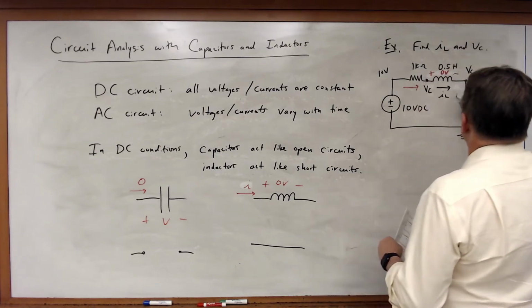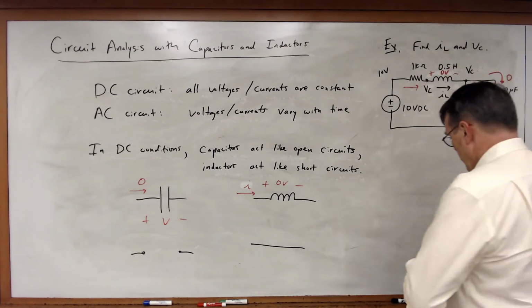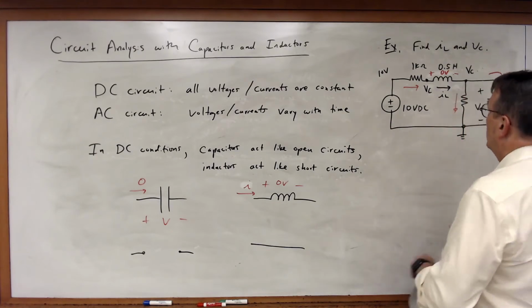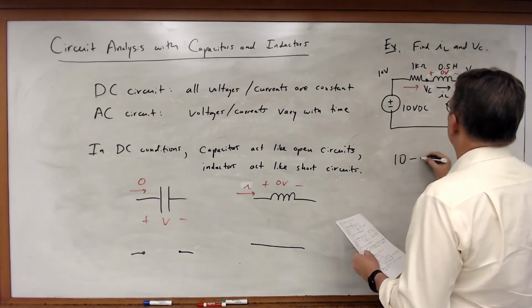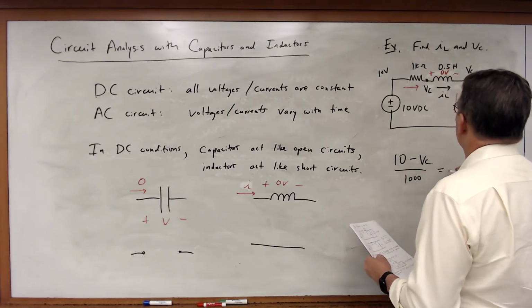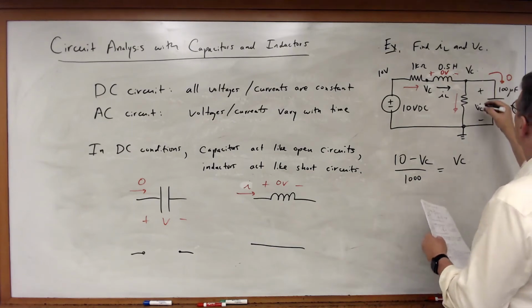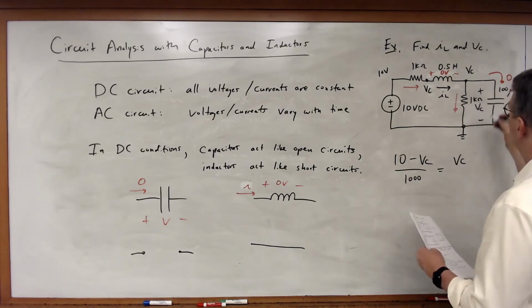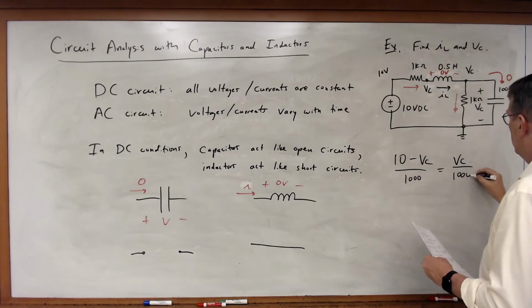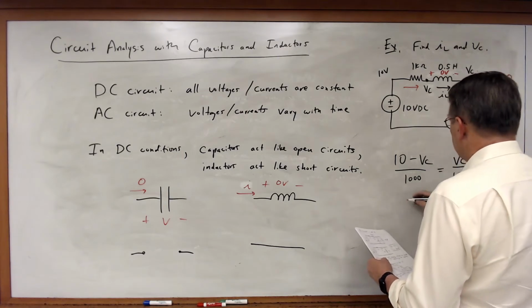this current and this current are flowing through those two resistors, and therefore (10 minus VC) over 1,000 must be equal to VC over 1,000. That's 1K. And therefore, I can calculate VC.